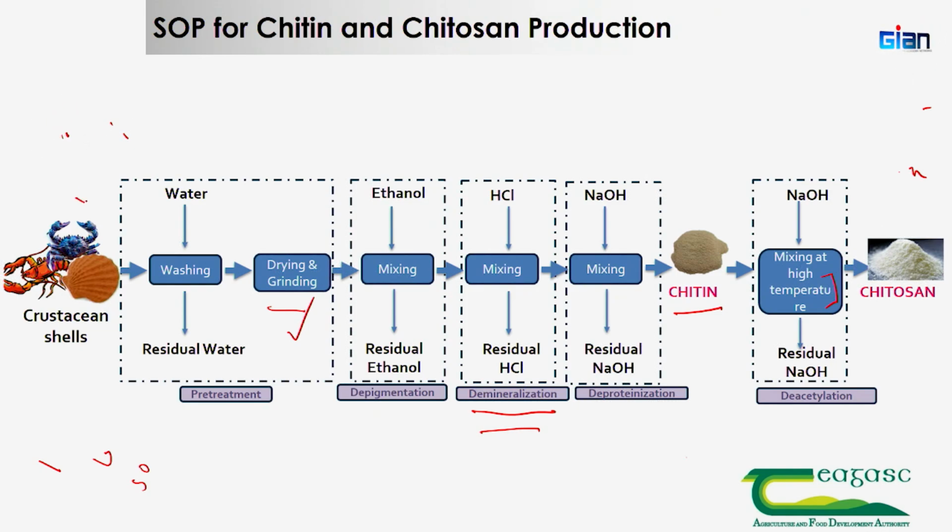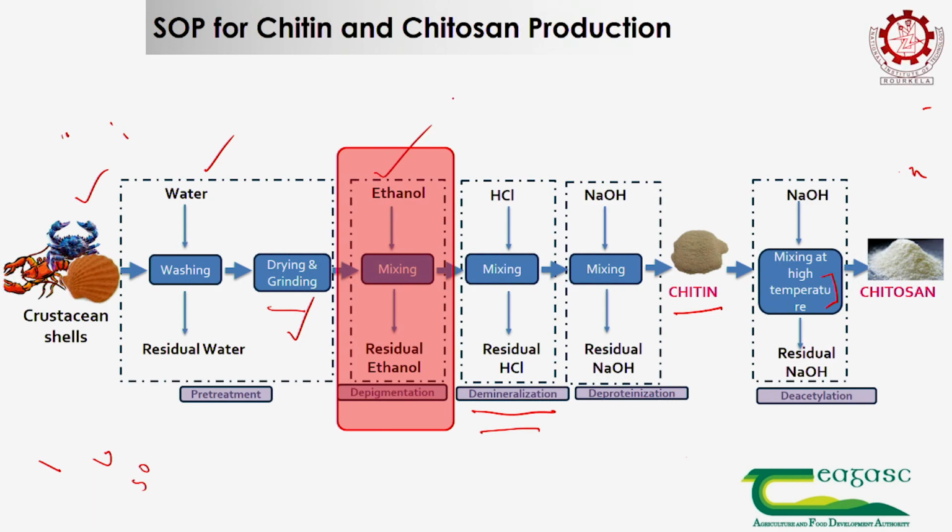So shells were washed and dried, what you got, yeah? And we eliminated this particular step because I didn't want you guys to handle ethanol, and this would have taken away your astaxanthin and some of those colored pigments, yeah.